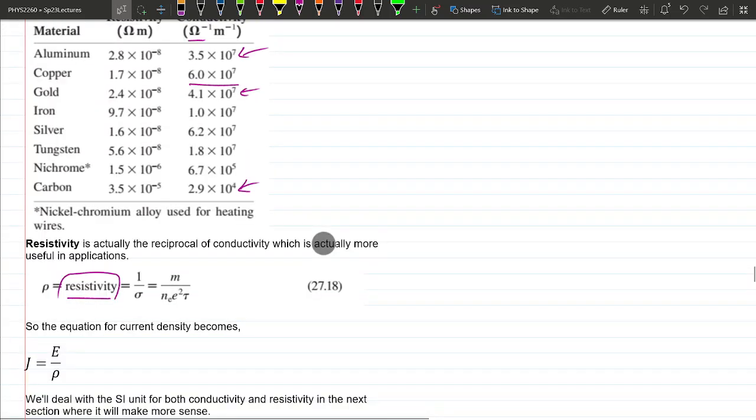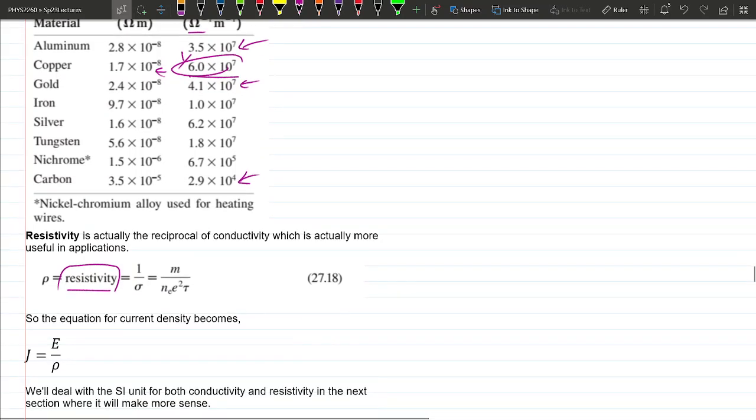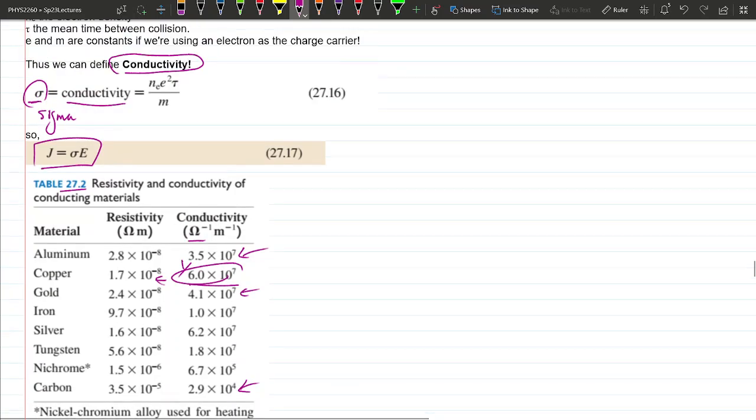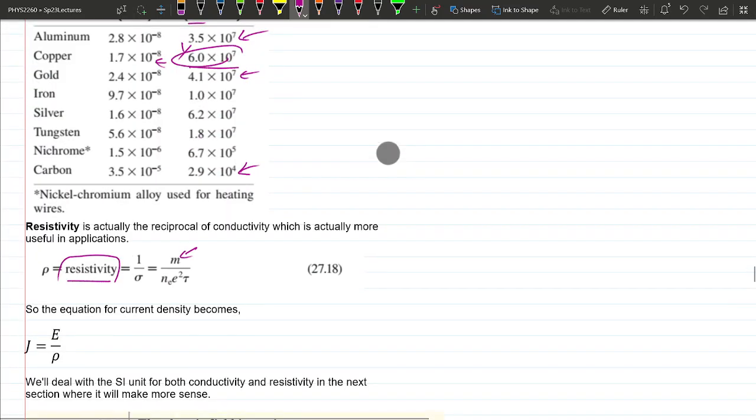If you take the inverse of conductivity, you get resistivity. There's a one-to-one correlation; resistivity is not a new thing, but conductivity is the new thing, and they're related to each other. To calculate resistivity, you just take the reciprocal of conductivity, flip it upside down.